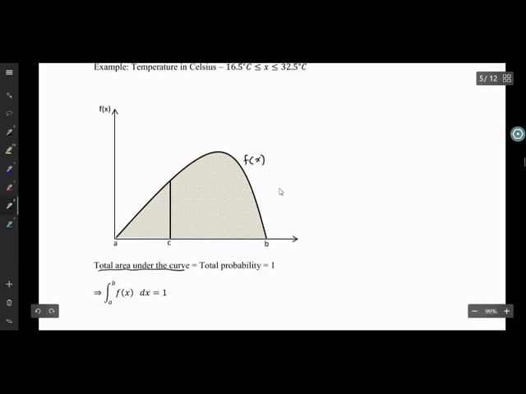In order to find the total area under the curve, we integrate this function f(x) from its starting point to the end point, so the limits will be a to b. If you integrate f(x) over its limits a to b, you will get the total probability 1. That is the total area under the curve.